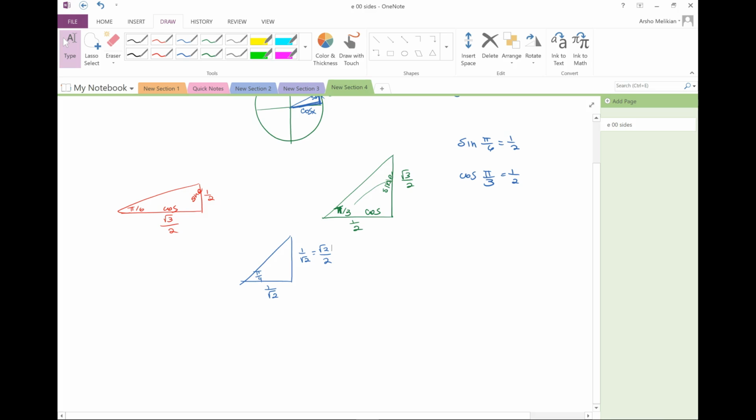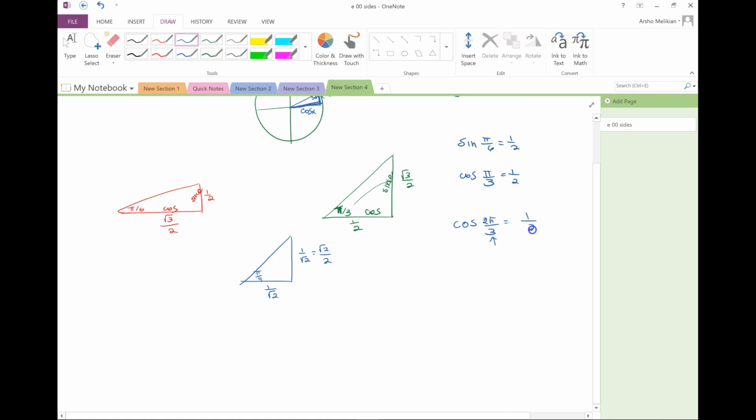Okay, so now if we step out of the first quadrant, into another quadrant. For example, if I were to ask you for cosine of 2 pi over 3. Now again, I'm looking at pi over 3, that's my green triangle. And the cosine of it is 1/2.